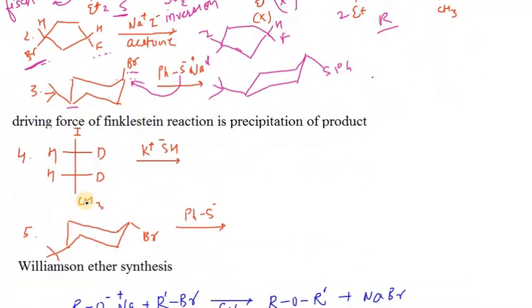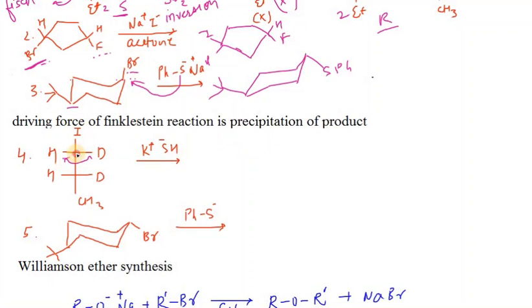Now we have two more examples. I again encourage you to pause this video and try to answer on your own. In this reaction, if we replace that iodine with SH, that will be wrong, because we have replaced the iodine but have not changed the configuration.